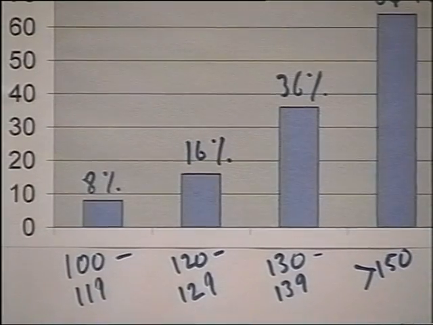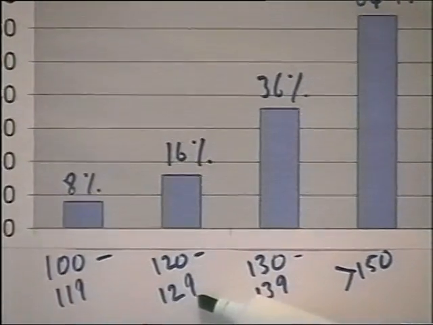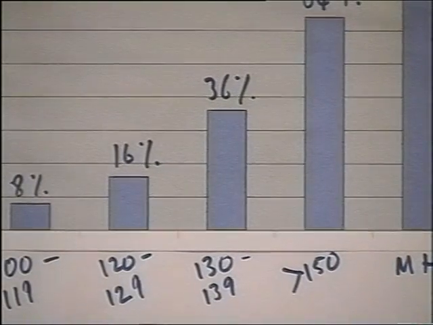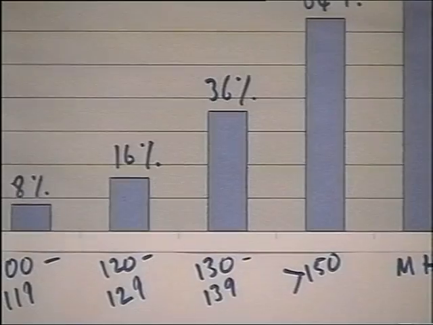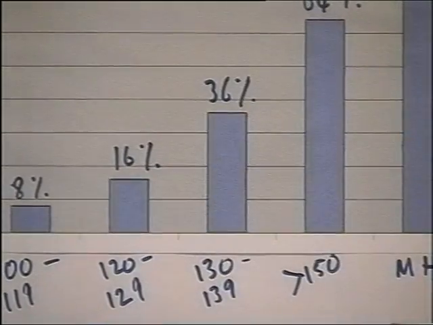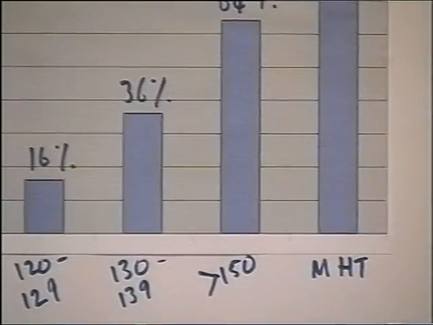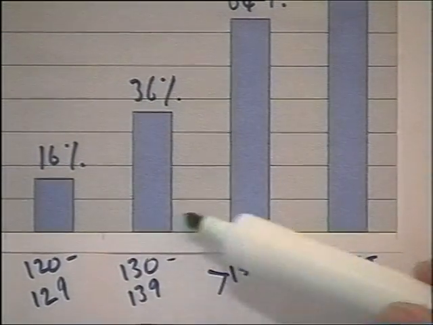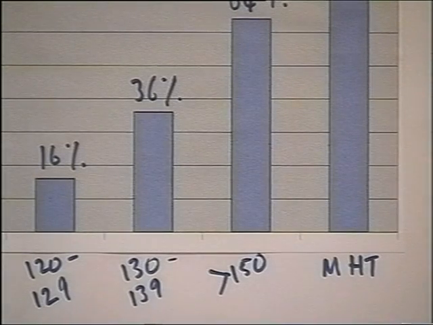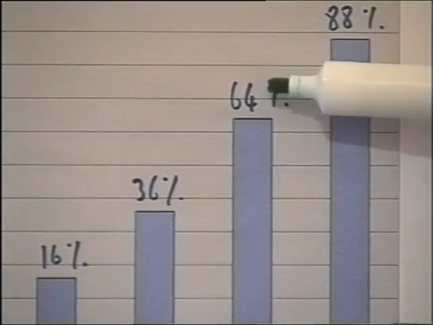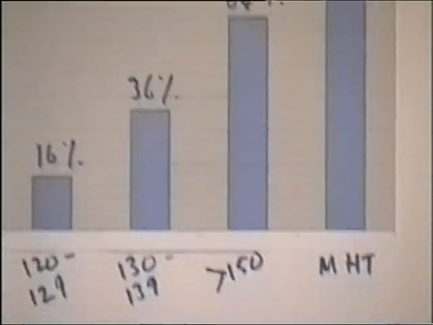If you increase the diastolic blood pressure from 120 to 129, the mortality doubles up to 16%. With diastolic blood pressures of 130 to 139, the mortality rises to 36%. If the diastolic pressure is over 150, then in a 2-year period, 64% of these patients will die.